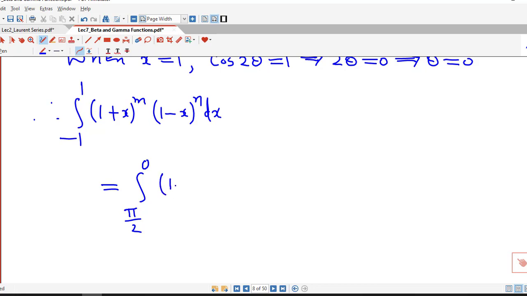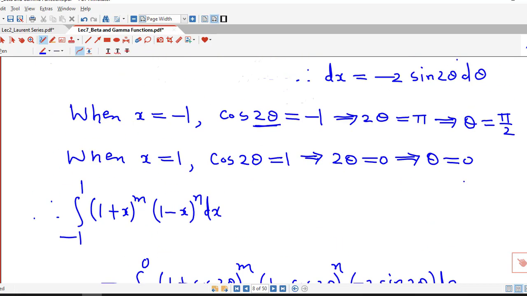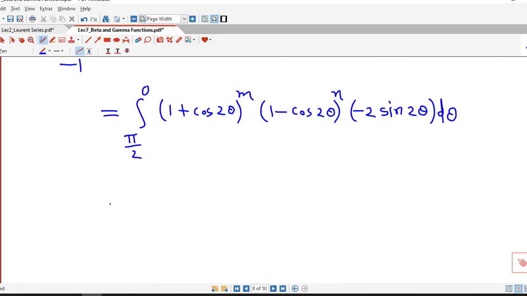And we replace x by cos 2 theta. Here also we replace x by cos 2 theta, and dx is nothing but minus 2 sin 2 theta d theta. This dx is replaced here.